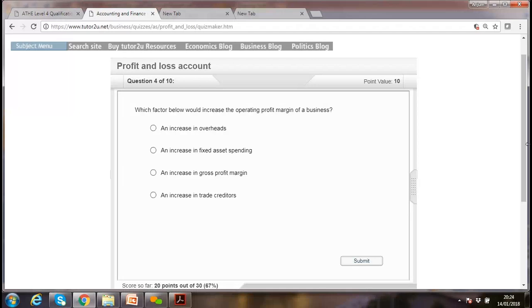If my gross profit increases, what do we think operating profit will be? Or an increase in trade creditors. Trade creditors means the people we are supposed to pay, like our suppliers, where we are buying goods on credit. It doesn't have any concern with the loss. Which option do we think is correct?